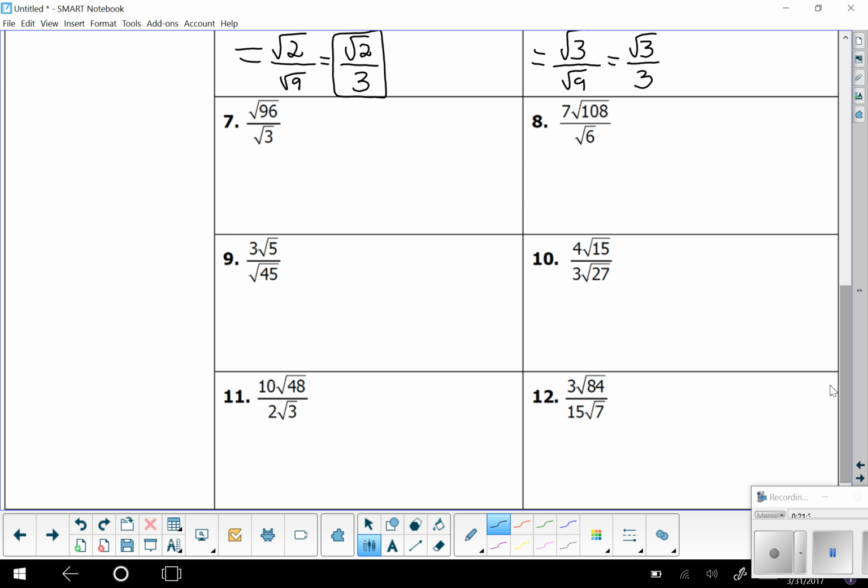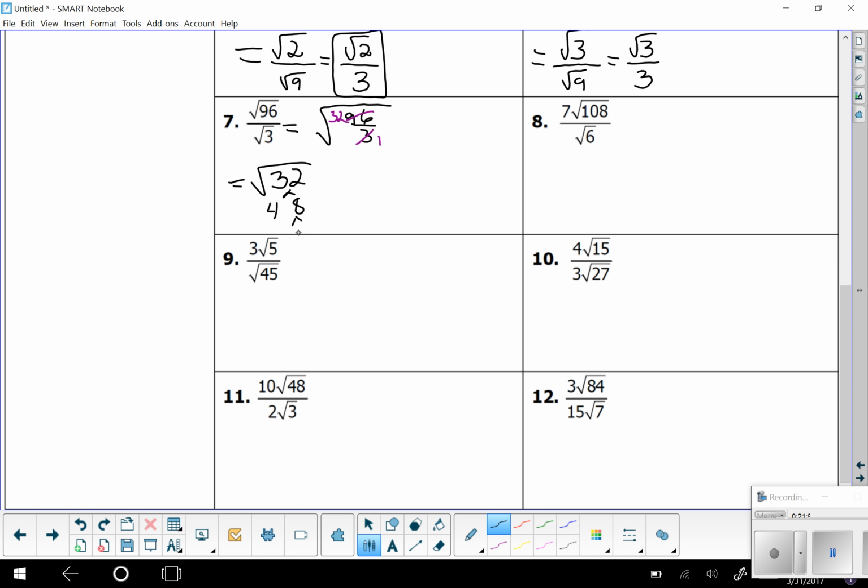Number 7, let's put it back into the same. So we get 96 over 3, and 3 goes into this 32 times. So we get the square root of 32. That breaks down into 4 and 8.